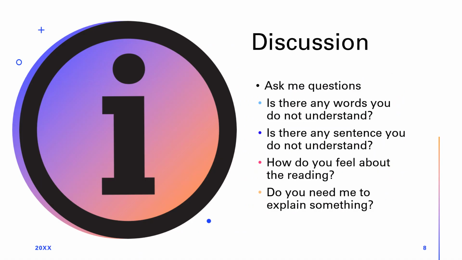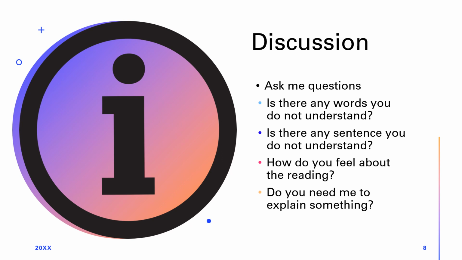So now that we have done the reading and that you have also read the passage by yourself, let's move to the discussion session. In this small 5 to 10 minute session, I want you to think of anything that might have confused you, right? This is where you are going to ask me questions.